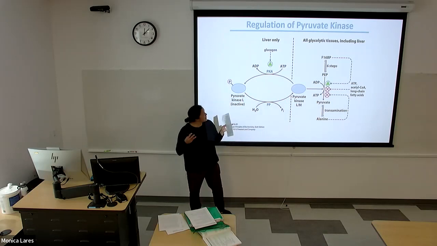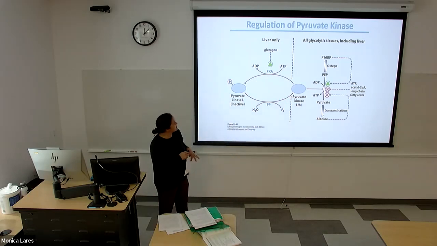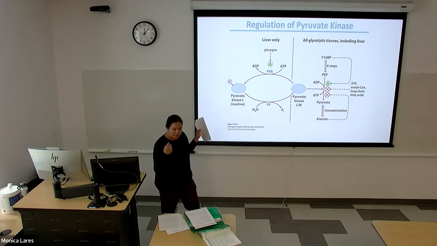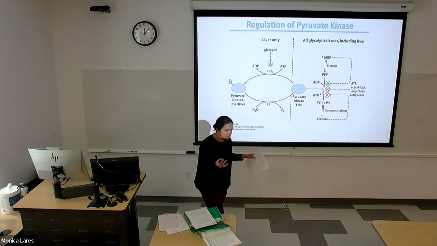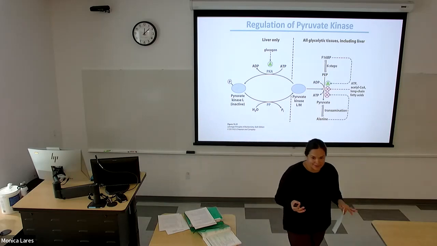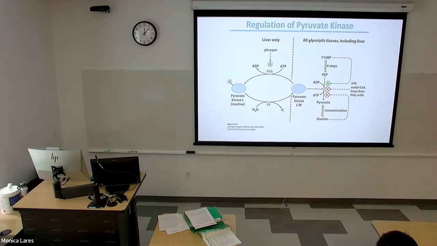Now let's see if we can make sense of this. Again, in the liver only, we get a glucagon signal. What does that tell us? We need gluconeogenesis, right? Glucagon, glucose is gone. And again, notice that says liver. Liver's like, oh my God, glucose is gone. Like Jacob said, we need glucose. So what pathway should we be activating?